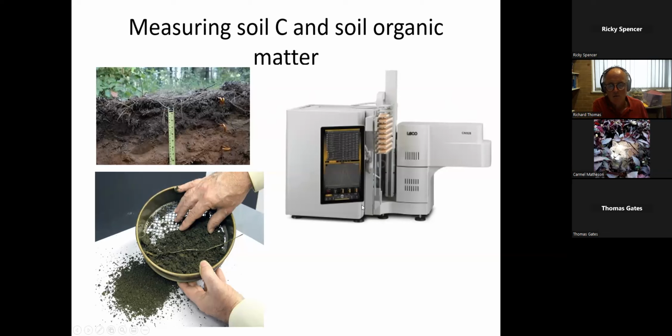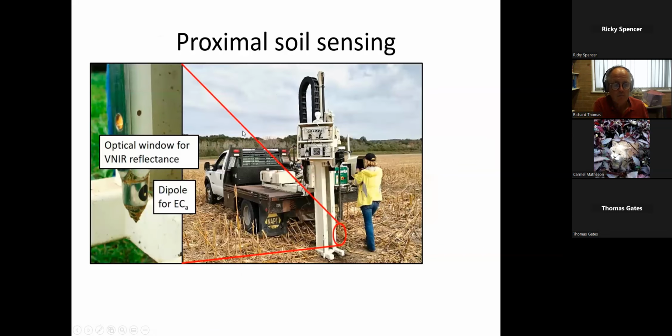As I said, I've got in trouble for calling these random number generators, because getting consistent results is not simply a case of taking the soil out, sieving it, and shoving it in here. You have to be very careful about what you're putting in. But in principle, you can measure the organic content of the soil. We can also measure that using remote sensing, but they're pretty sophisticated bits of kit, as you can see here.